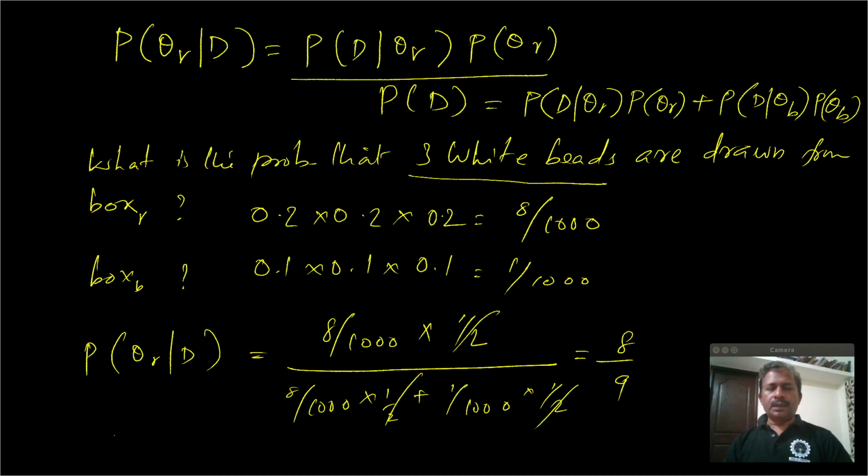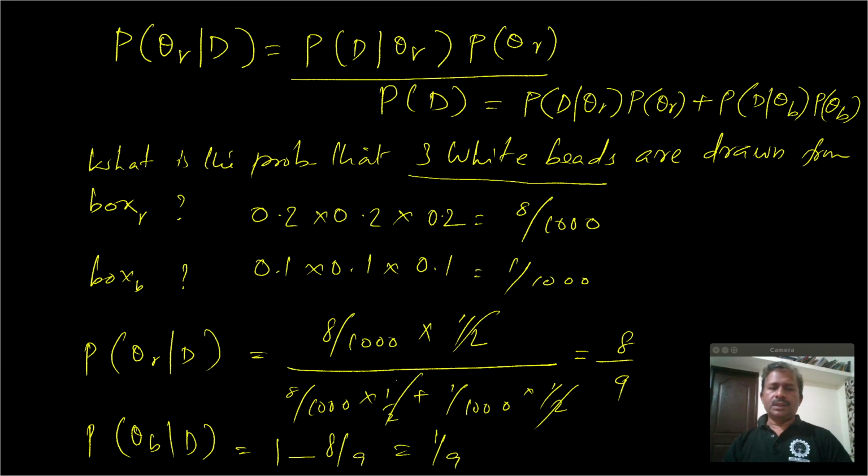So what about the other one, theta B given D? I can compute this in a similar way, but as we know, we can compute this from 1 minus 8 by 9. So this will be 1 by 9.